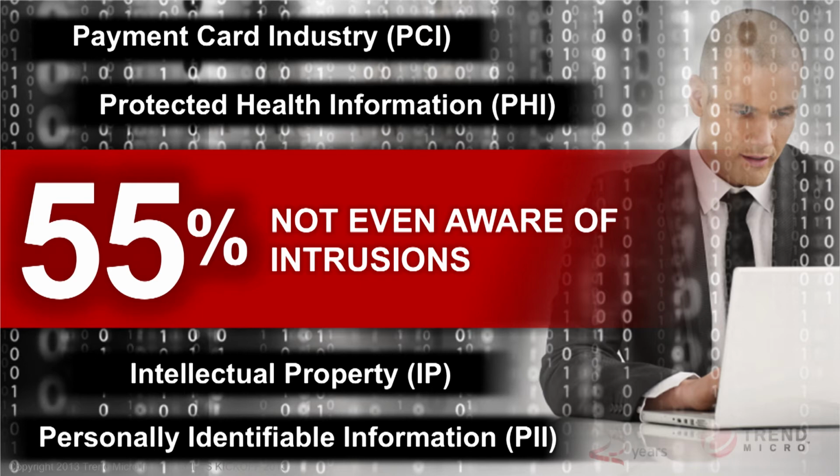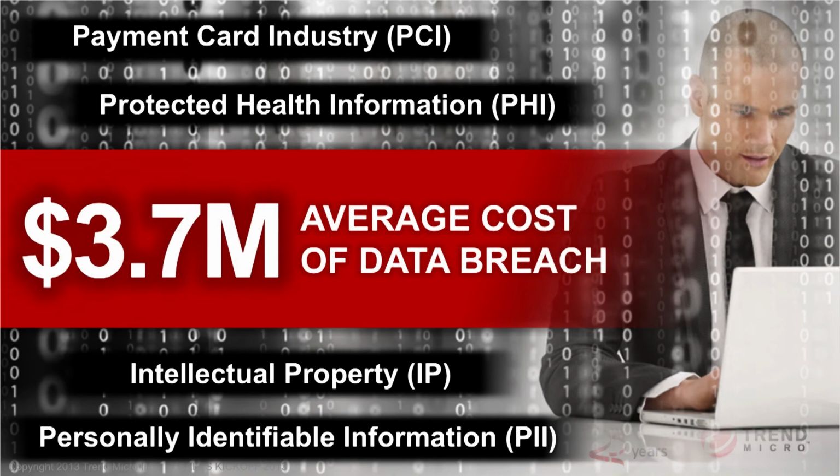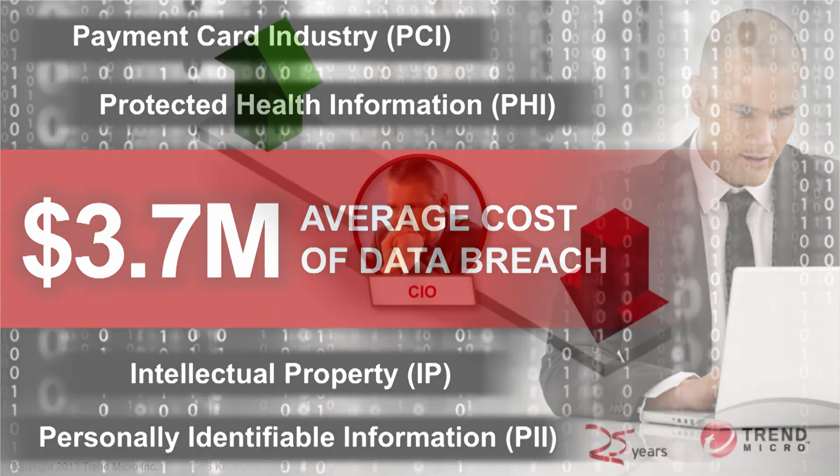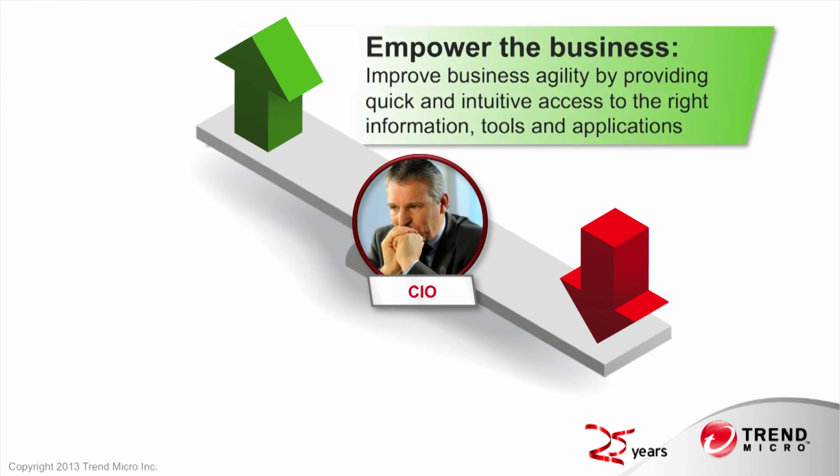And why does this matter to you? Well, the most important thing is that no matter which study you read, the average cost of a data breach is in the millions. So let's take a look at what's on the mind of the CIO. What are you thinking about? What is your boss thinking about? Probably the number one goal of IT and the CIO is to empower the business, to improve business agility by providing the quick and intuitive access to the right information, tools, and applications.